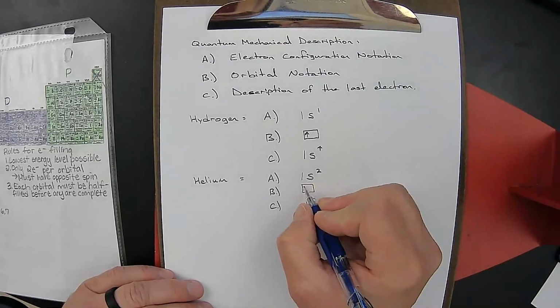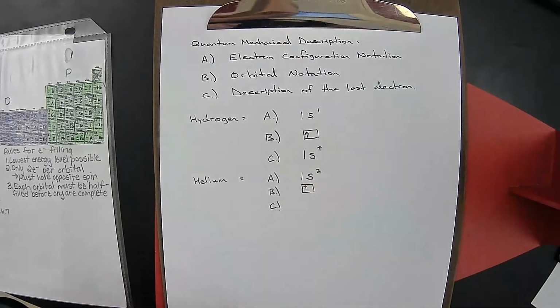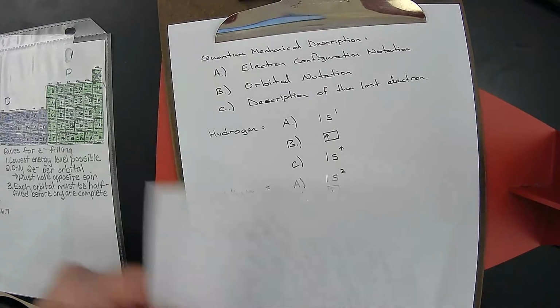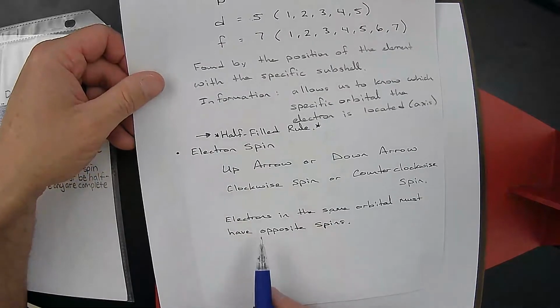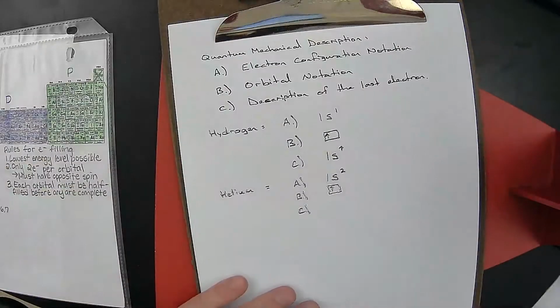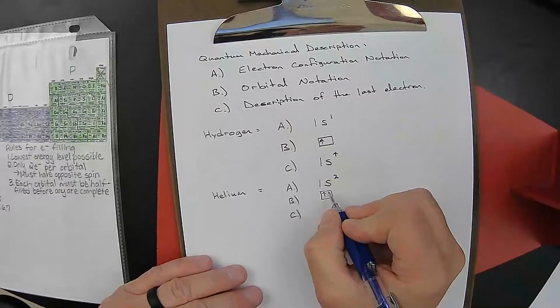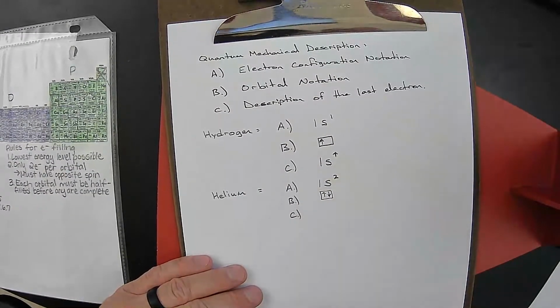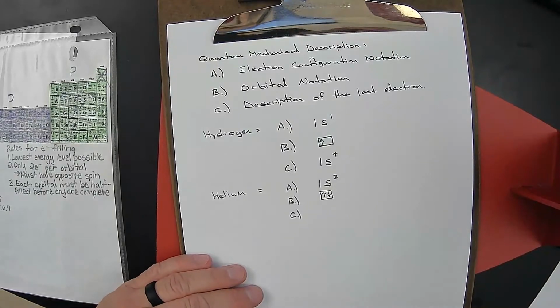The first electron for helium is an up spinning electron, and the rule for electron spin is that the electrons in the same orbital must have opposite spins. So if that's an up spinning or clockwise, the next electron is a down spinning or counterclockwise.